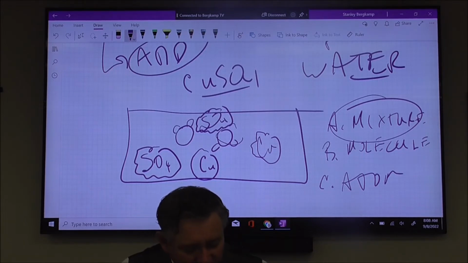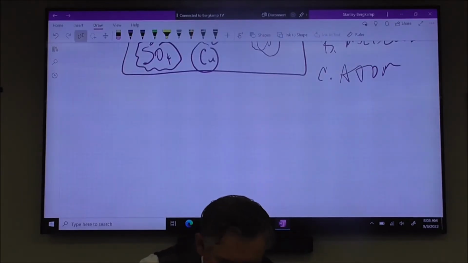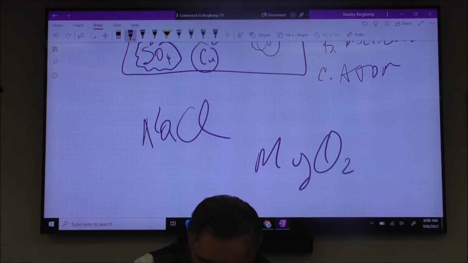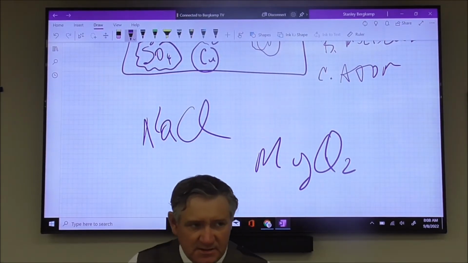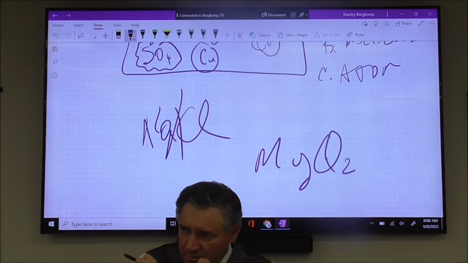Now, on number 3, it says, which solution will contain more particles? Explain your answer. So you've got sodium chloride, and then you have magnesium chloride. You have to visualize what's taking place when something dissolves. When something dissolves, you break the bonds that hold it together.